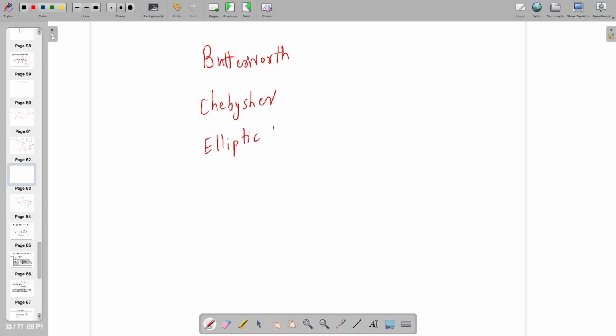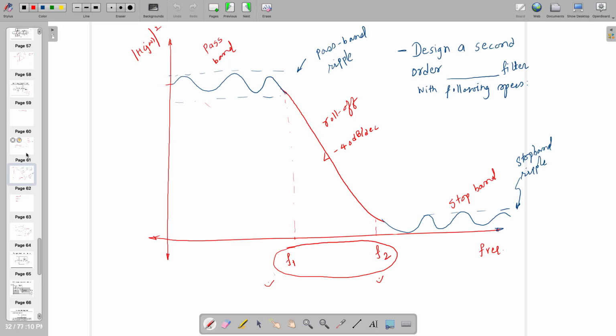So these are the approximations, or these are different mathematicians from different eras. They came and gave the technique through which you can find the transfer function for whatever system you have to design or for your given specifications.